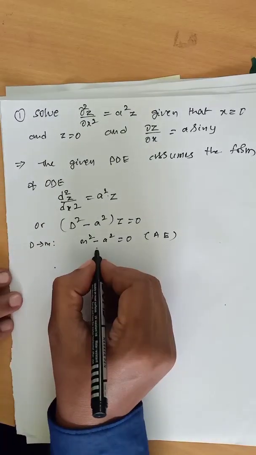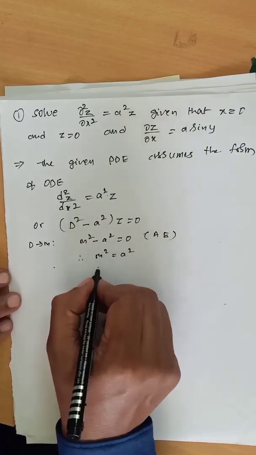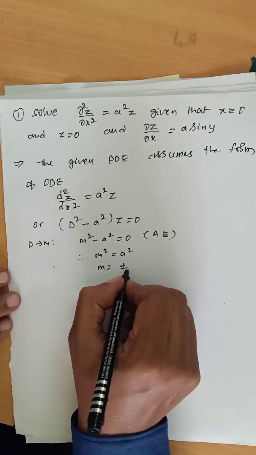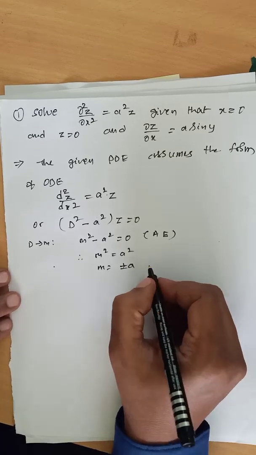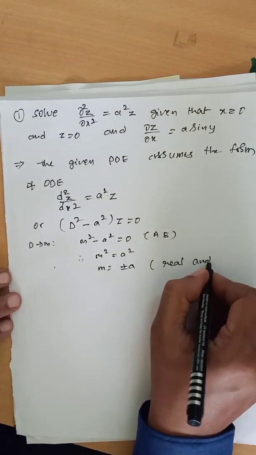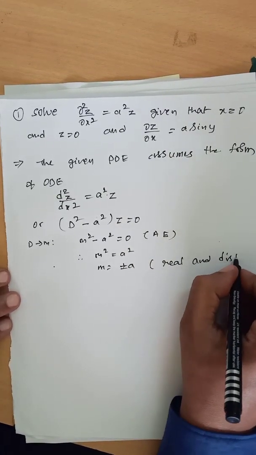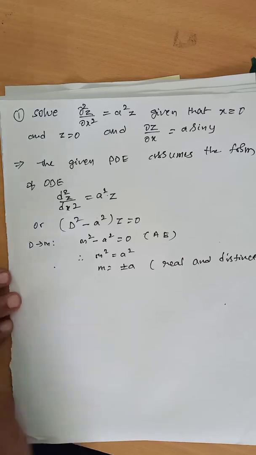We solve this auxiliary equation. Therefore m² = a², so m = ±a. This means the roots +a and −a are real and distinct, because +a and −a are not equal.